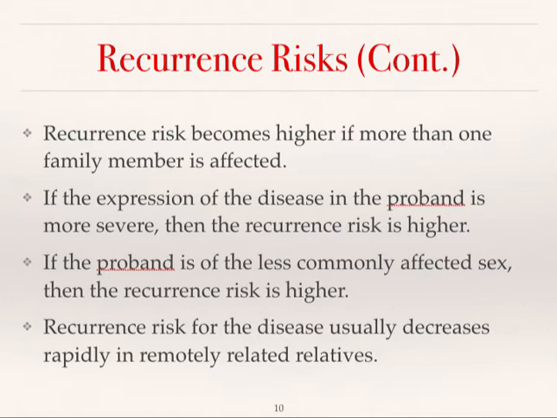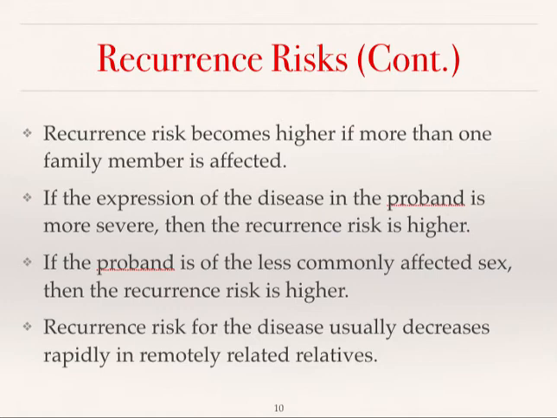If the proband is of the less commonly affected sex, then the recurrence risk is higher. A good example, once again, is cardiovascular or coronary artery disease. It's more common in men. However, if you had a first-degree relative who was a female and had an MI at the age of 50, the recurrence risk is higher.